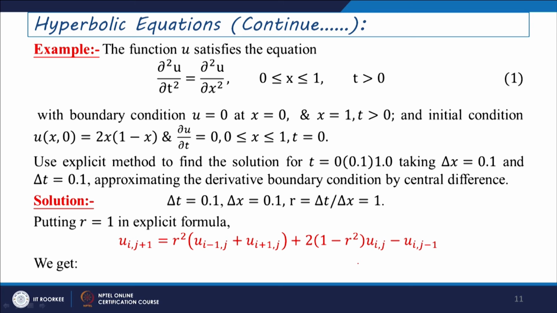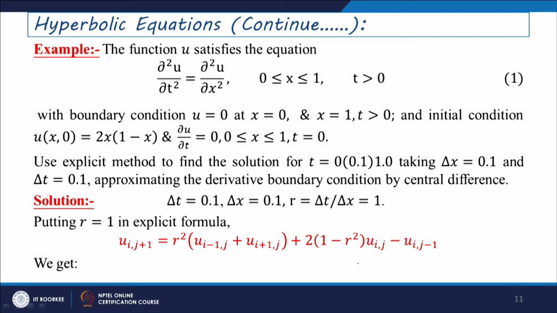Now let us go for an example based on the previously discussed methods. Suppose u satisfies the equation del square u by del t square equals del square u by del x square, where x lies between 0 and 1, for all t greater than 0, with boundary conditions u equals 0 at x equals 0 and x equals 1 for t greater than 0.